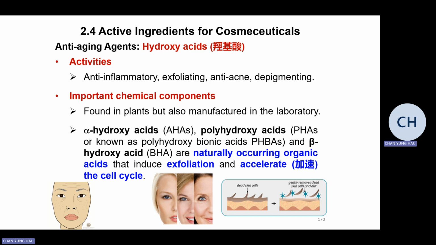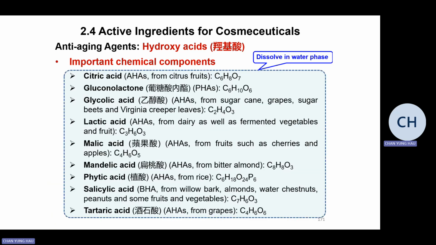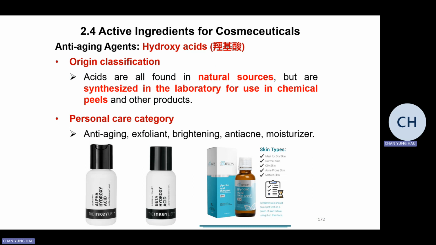They are naturally occurring organic acids and have the effect of exfoliation and accelerate the cell cycle. Here are some examples of AHA and BHA. For example, salicylic acid is a kind of BHA. These hydroxy acids are found in natural sources, but some of them are synthesized in the lab for the use of chemical peels.